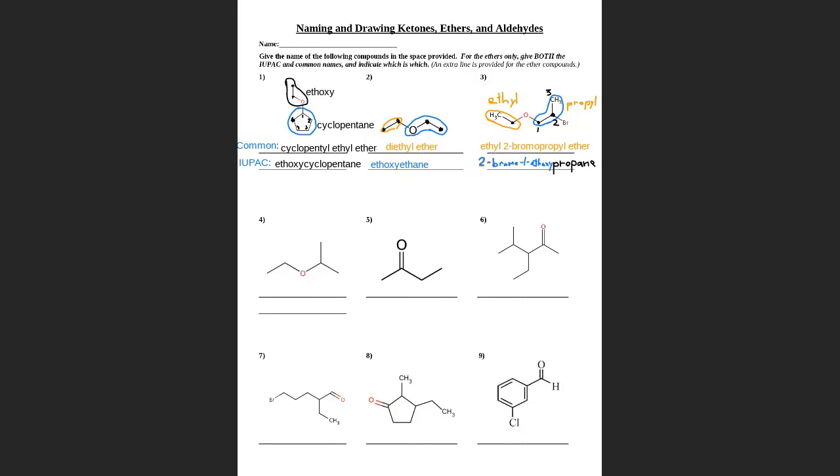Okay, I want to give you guys a shot at this. Go ahead and do number 4. I'll give you some time to work on number 4. Raise your hand when you think you have an answer that works, or if you give up. Do both the common and the IUPAC. Yes.